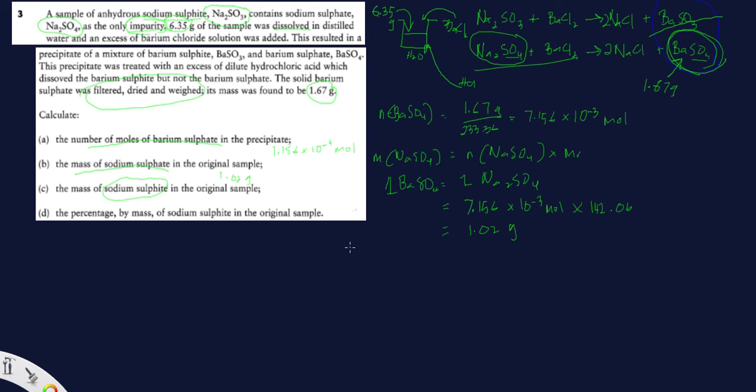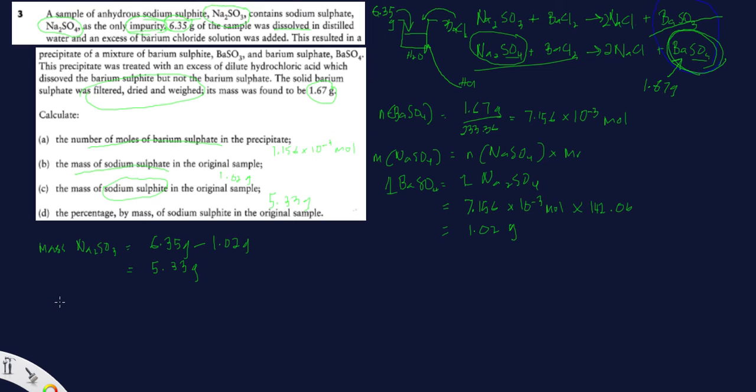So the mass of sodium sulfide will be equivalent to the overall mass, 6.35 grams, minus the sodium sulfate that we have just calculated. That gives us 5.33 grams. So that's the answer here, 5.33 grams.